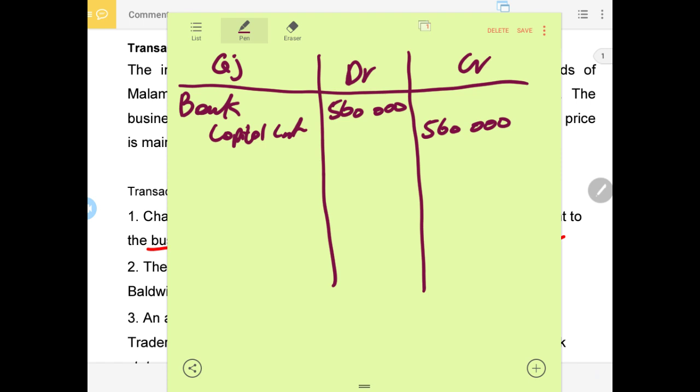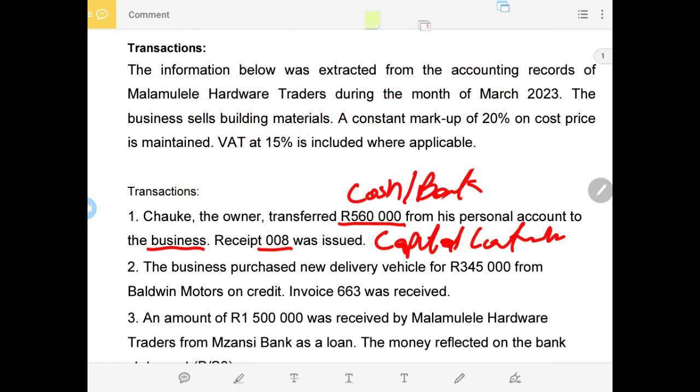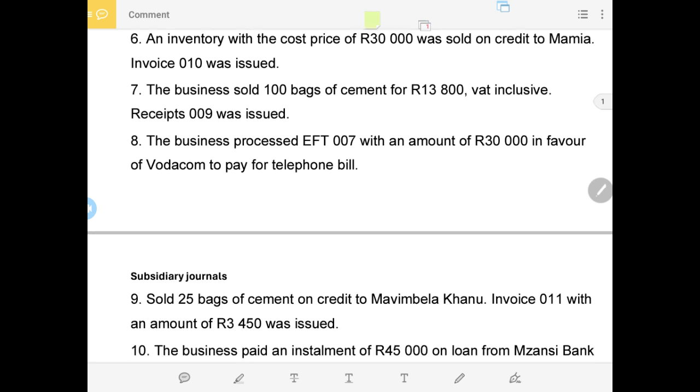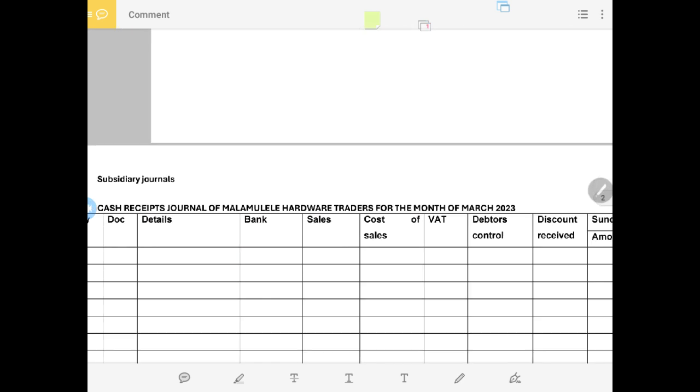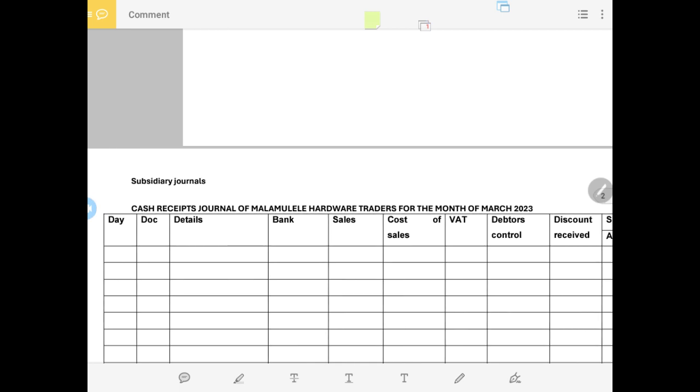Now we know that this is a cash receipt journal in terms of the subsidiary journals, because the company has received money from the owner. Now let us go to the cash receipt journal and we'll see how we can record. This is day number 1.